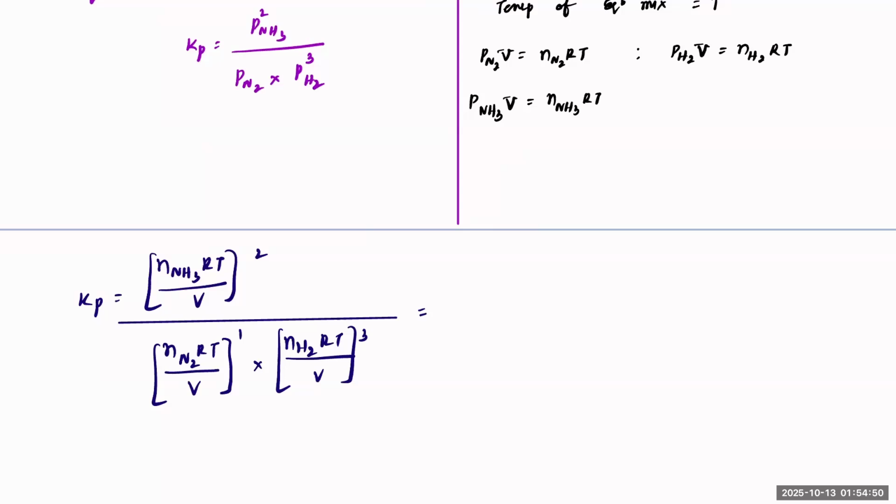So now you can see number of moles of ammonia by volume. Moles by volume is nothing but concentration.